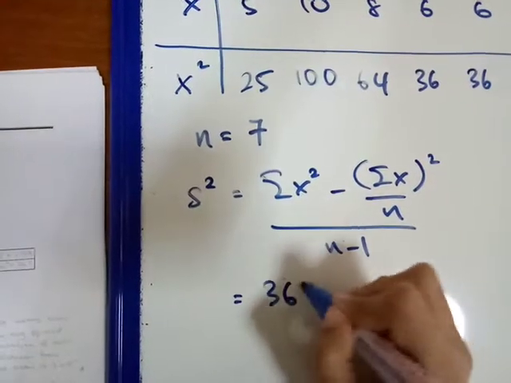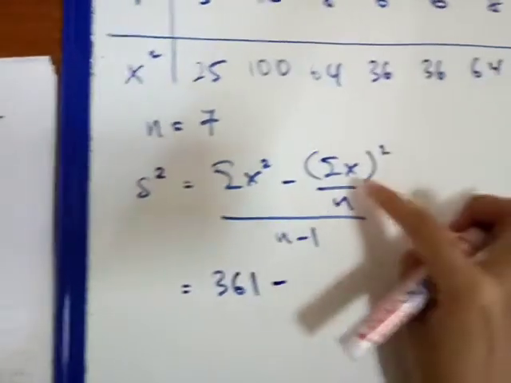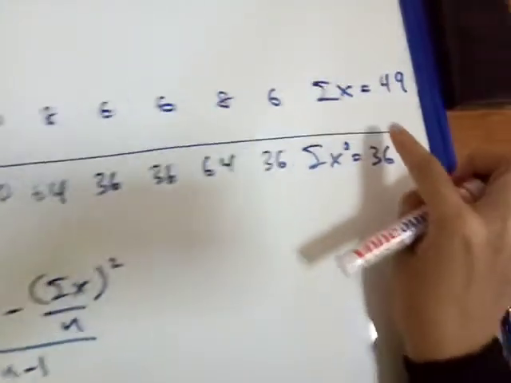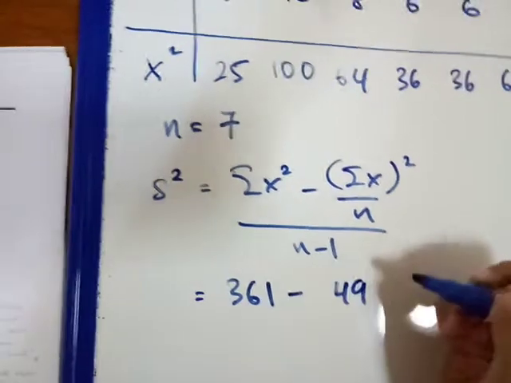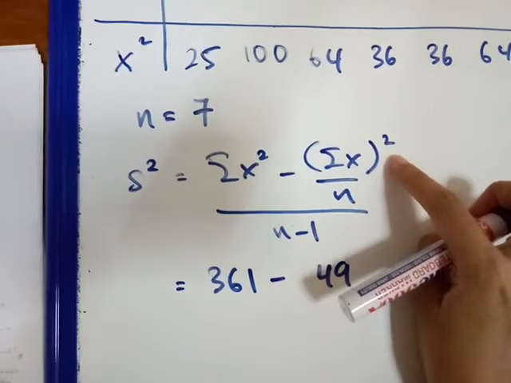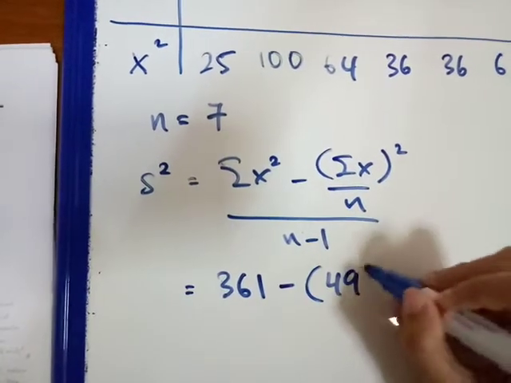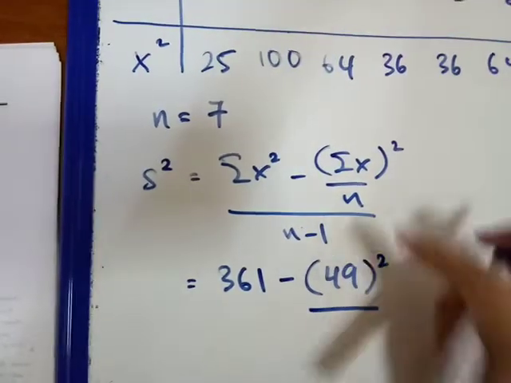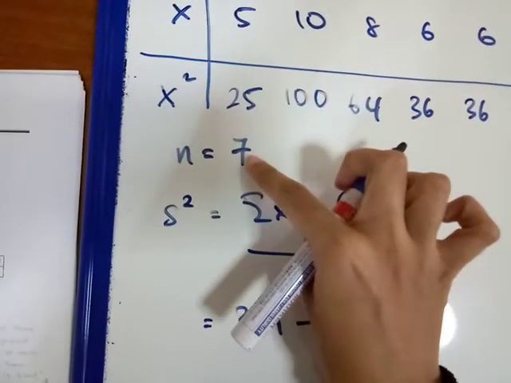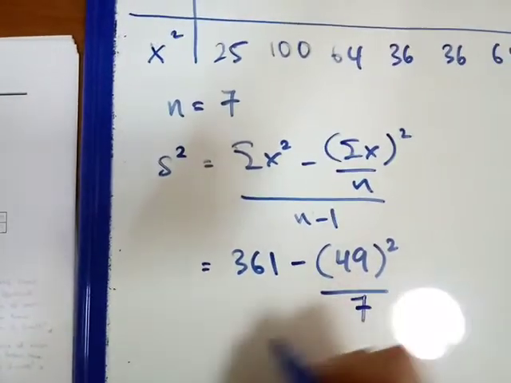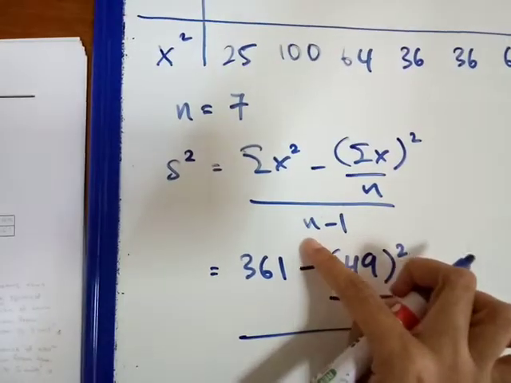Just substitute. 361 minus total X, which is 49, and then you have to square it, divided by N. N is 7, over N minus 1.